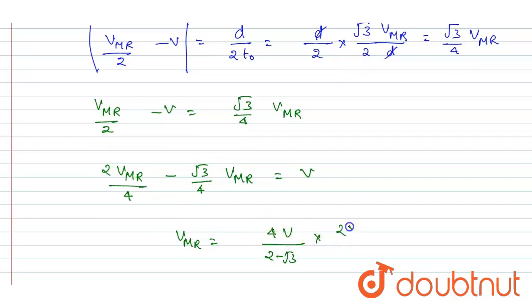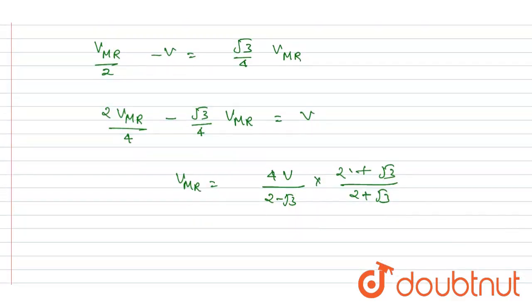So if you multiply here 2 plus root 3 by 2 plus root 3, you can apply the formula A plus B into A minus B. We know that A square minus B square is equal to A minus B into A plus B. So if you do A square minus B square, it will be 4 minus 3, that is 1. So you will get 4 times 2 plus root 3 times V.